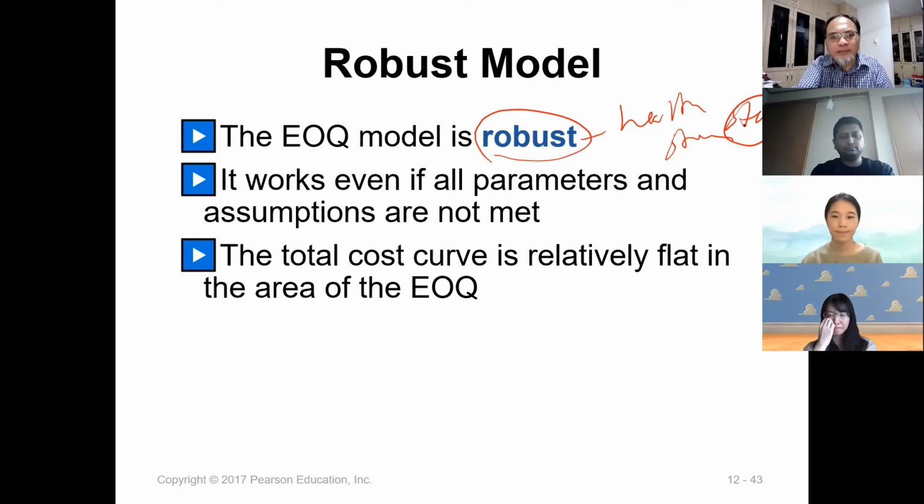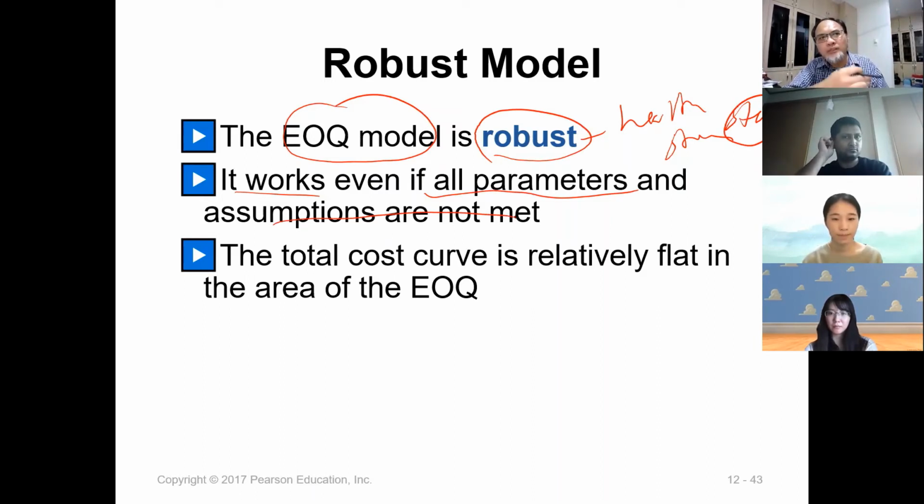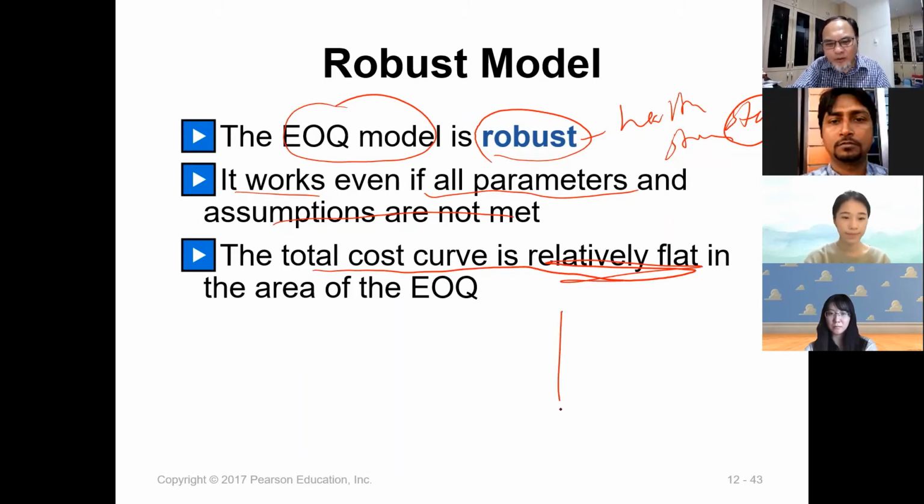When you say stable, that means this model still works. It is still valid even if the parameters and assumptions are not exactly met. That means if you change the Q, for example, you don't want to order 200, I want to order 210, I can just calculate and see the total cost, because the total cost curve is relatively flat in the area of EOQ.